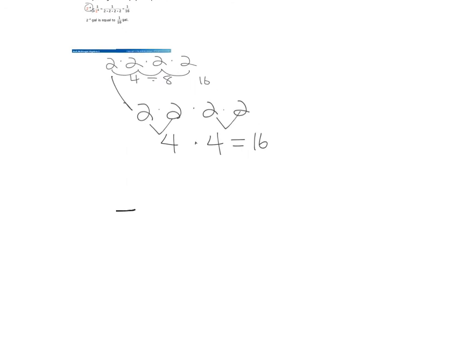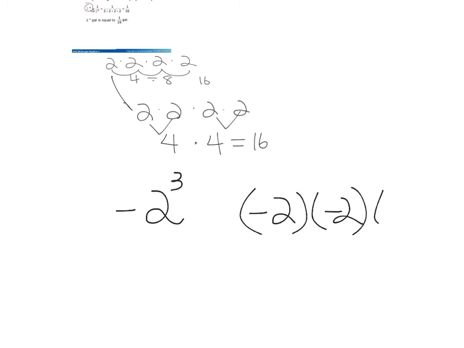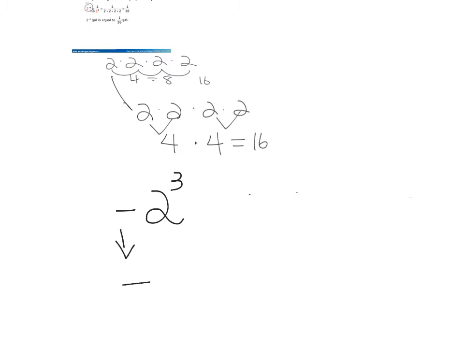So if you have negative 2 and there's no parentheses around it, and let's say it's to the 3rd power, what this means is it's negative 2 times negative 2 times negative 2. Or actually, sorry, no, that's wrong. Let me correct that. What's happening here, if there's no parentheses, the sign drops down, and then it becomes 2 times 2 times 2.